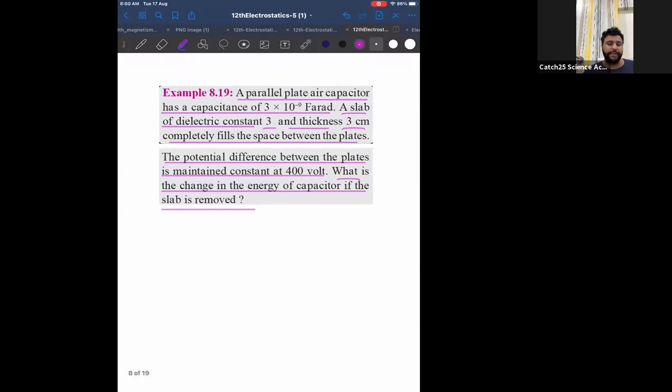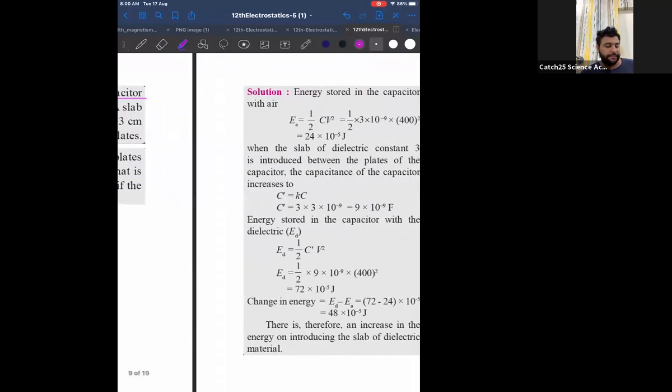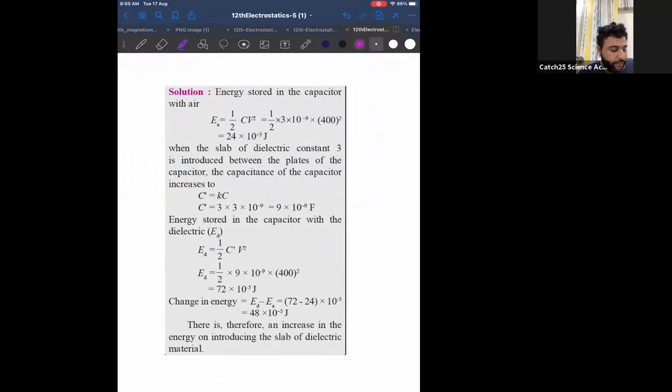Now look at the question again. In the first case, they have said a parallel plate air capacitor has a capacitance of this. That means the first case is an air capacitor, and they have given you a capacitance. Now we will first find the energy stored in the capacitor with air, because that is the first thing given. What is the formula?